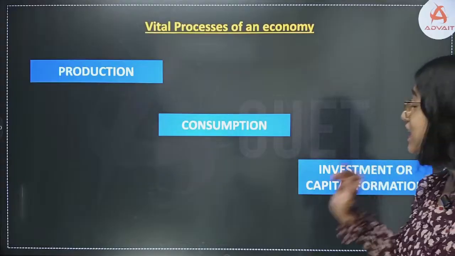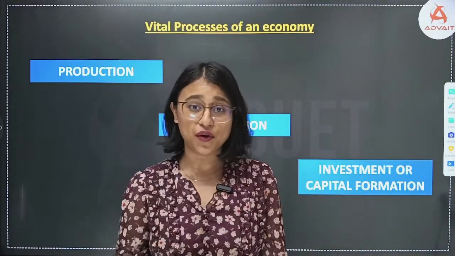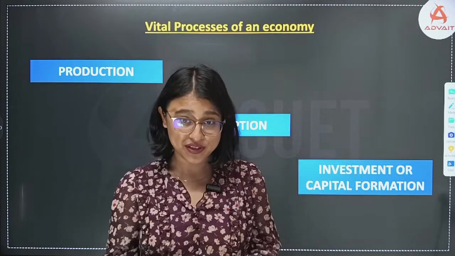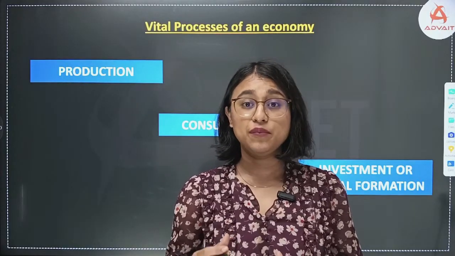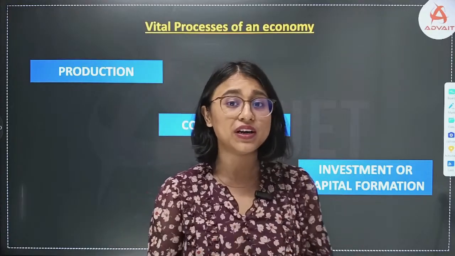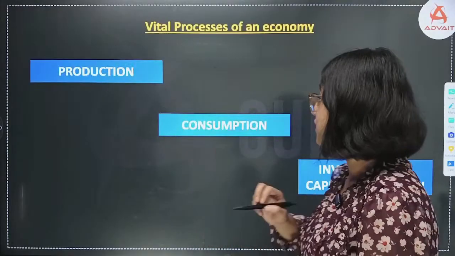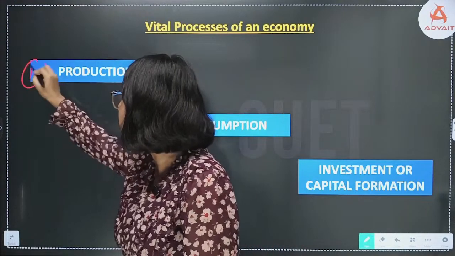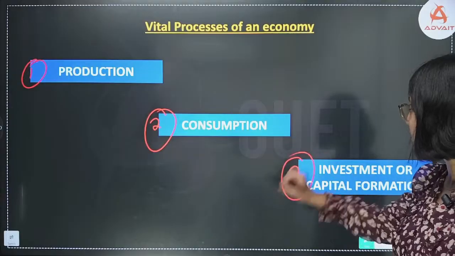In the next concept, we are going to learn about the vital processes of economy. We need not know these concepts in depth, but let us know what the three vital processes of the economy are: production, consumption, and investment and capital formation.